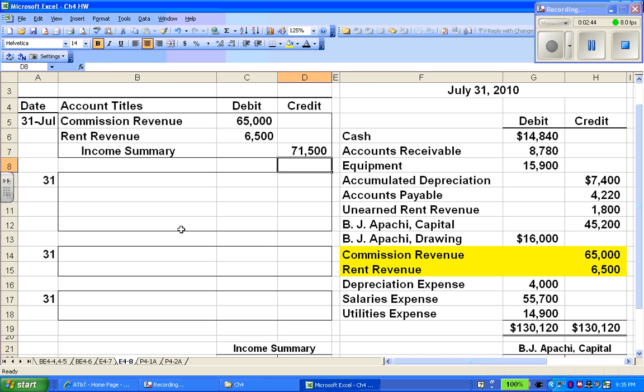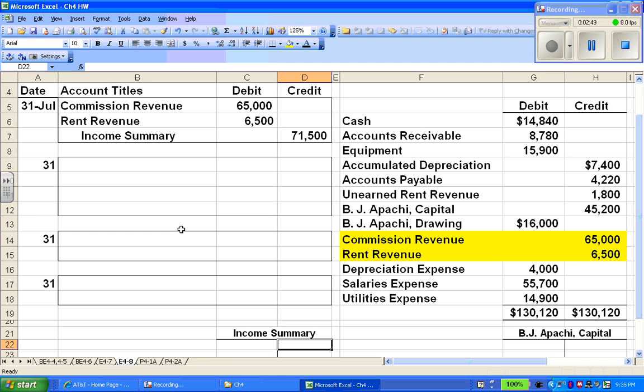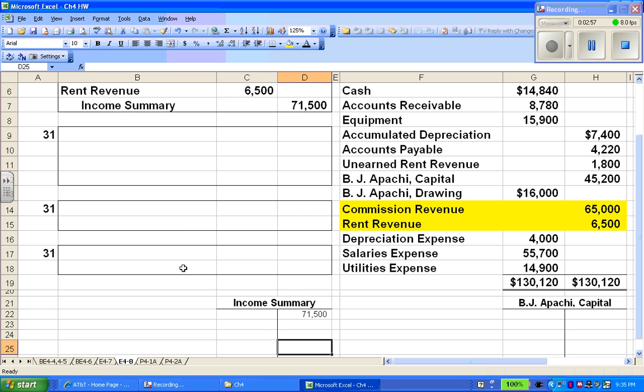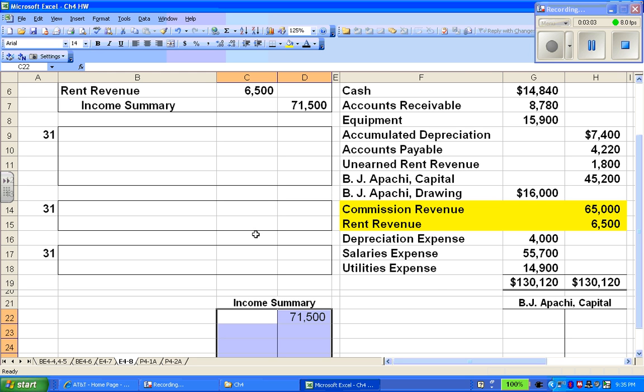I have my income summary T account down here, so why don't we just put that in there? So I have a credit of 71,500. Again, I need to make this a little larger for you. I'll have to do that for the capital account too.